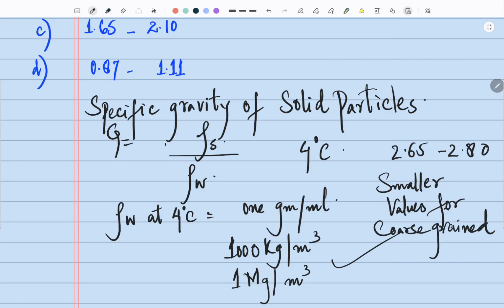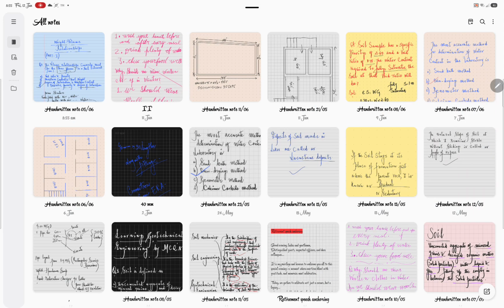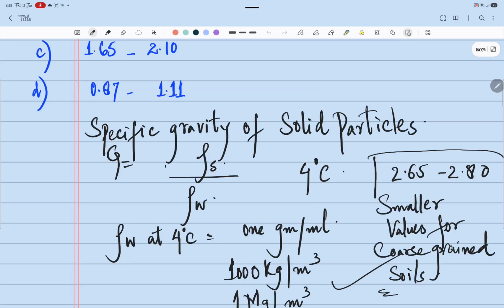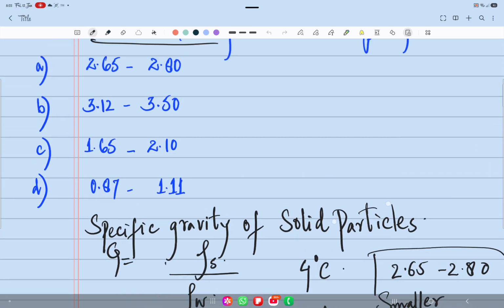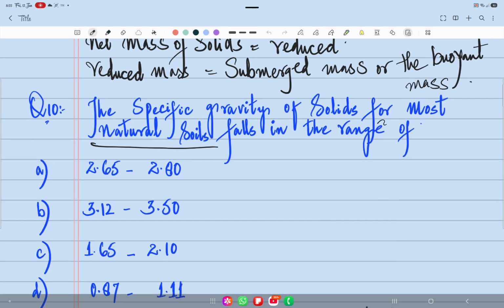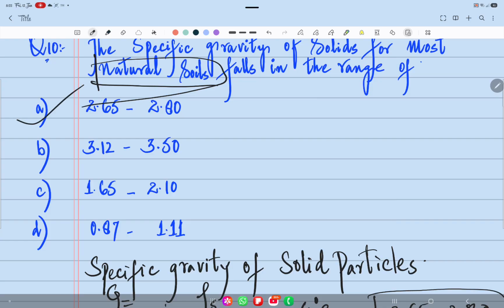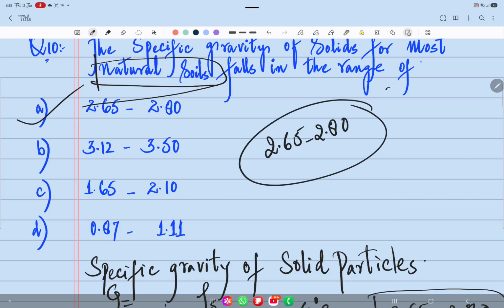So the specific gravity for most natural soils falls in the range between 2.65 to 2.80, with the smaller values being for the coarse grain soils. All right, so coming back to the question, the specific gravity of most natural soils falls in the range of, option A is the correct answer, 2.65 to 2.80.